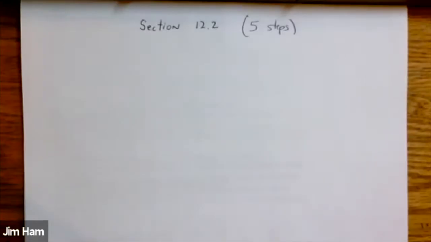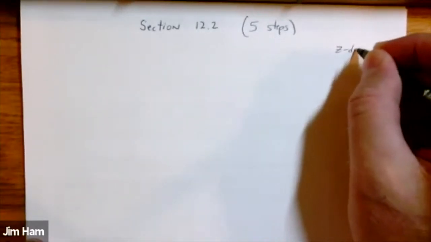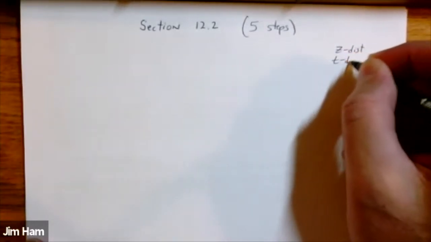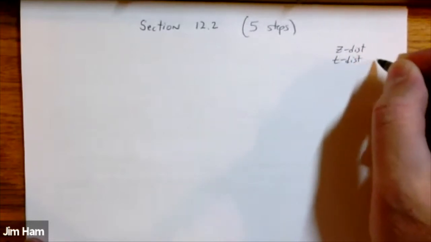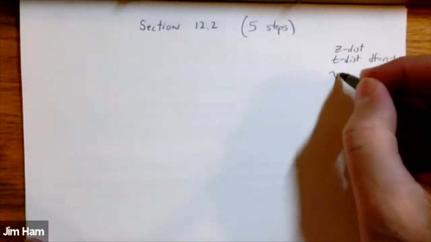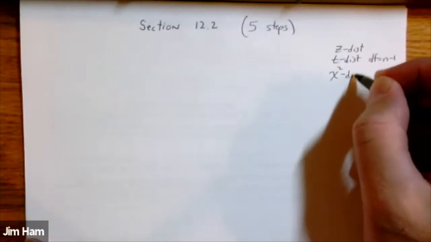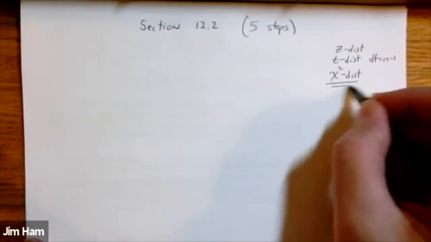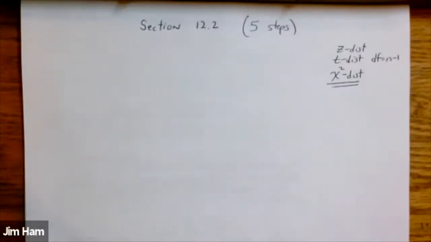Another thing that you're going to see here is a new distribution. So we have the Z distribution, we have the T distribution with the degrees of freedom equals n minus 1, and now we have another one. It looks like this. And so you're going to get a new table.